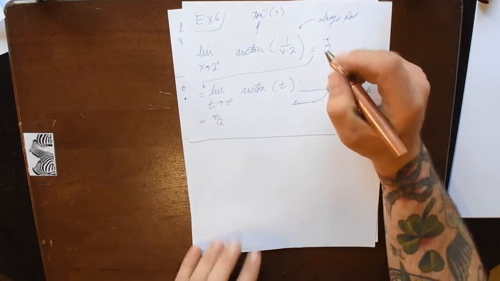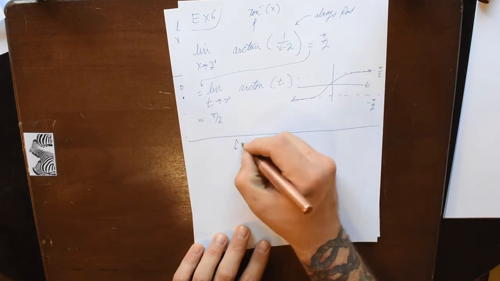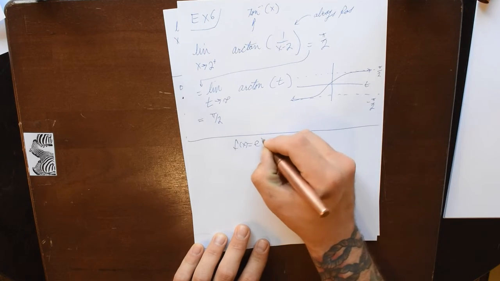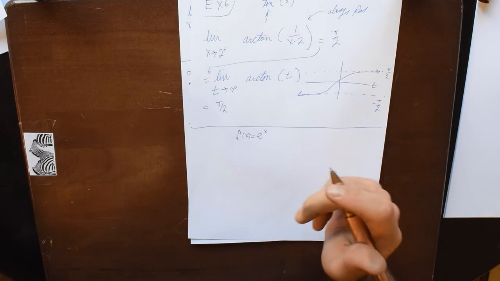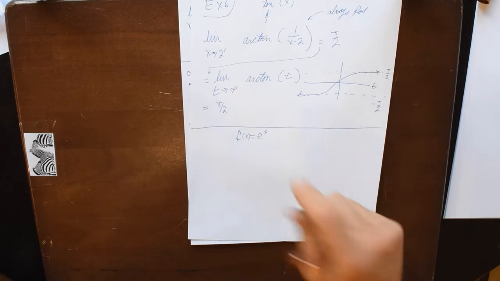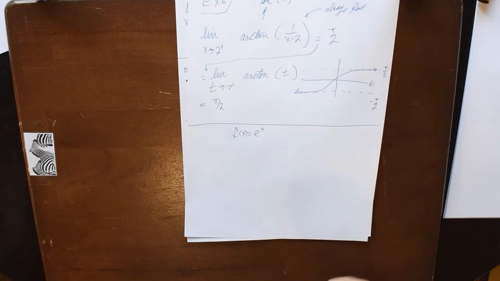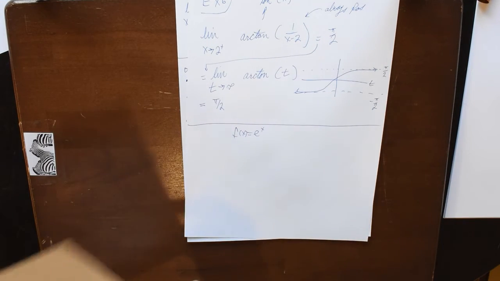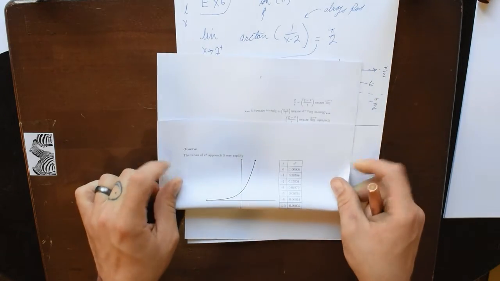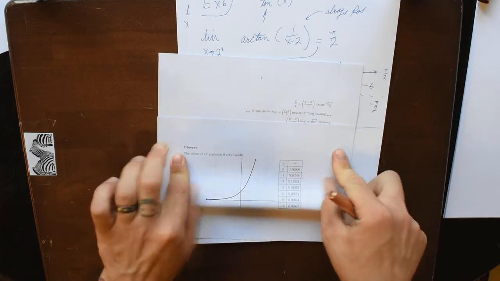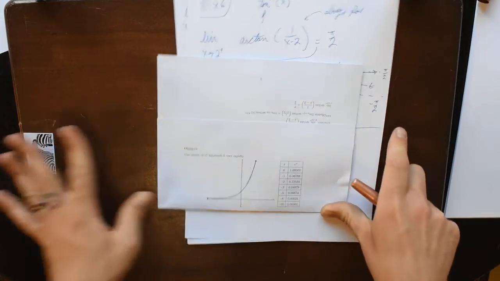In order to do this one, we're going to talk about the function f of x is equal to e to the x. And we want to make an observation. You can't calculate this by hand, so there's no point in hiding it from you. This was pretty shamelessly stolen out of our book.